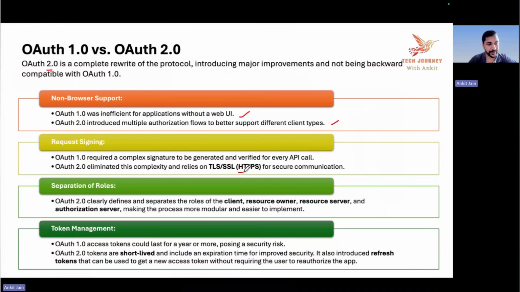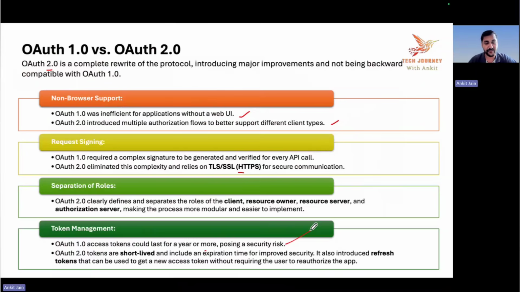Coming to the token management part, OAuth 1.0 access token could last for a year or more. And definitely, as the access token lasts for a year, there is a possibility of a security risk. In the case of OAuth 2.0, tokens are very short-lived. It can also include an expiration time for improved security.